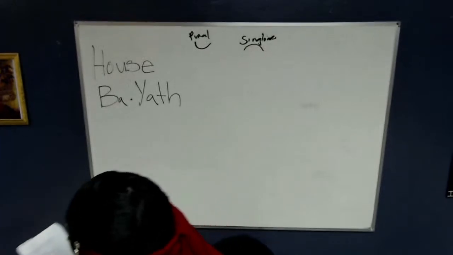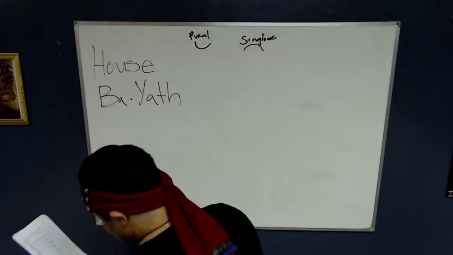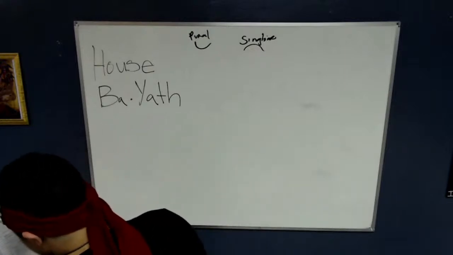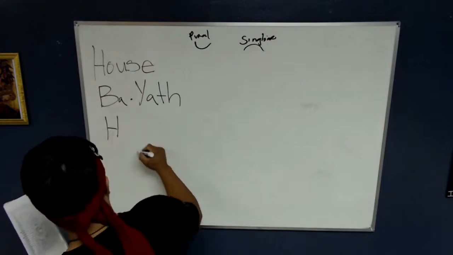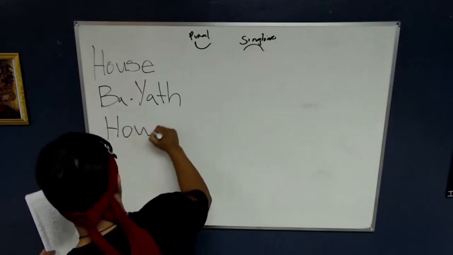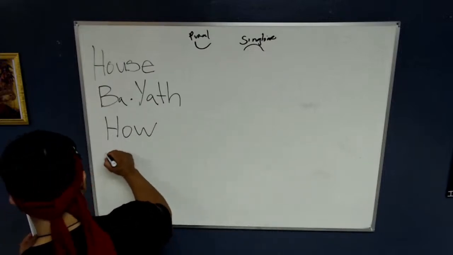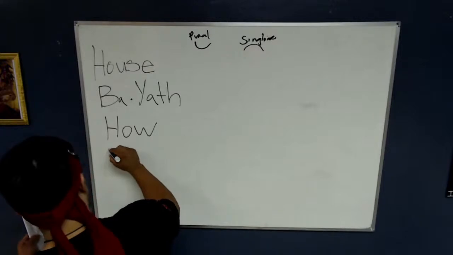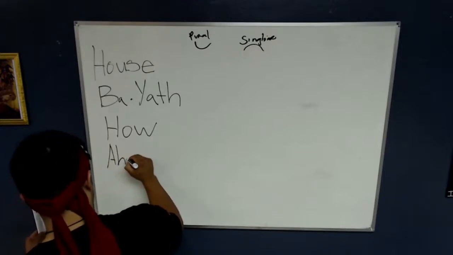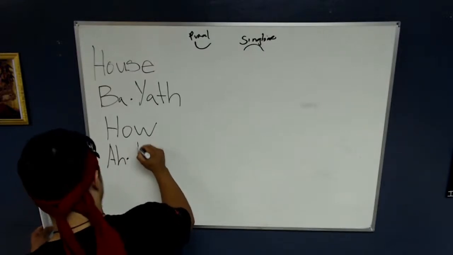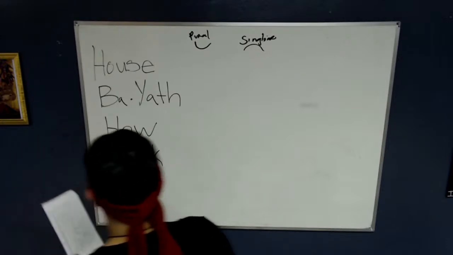Right? Bayat. Then we got how, right? Ayak. Right?